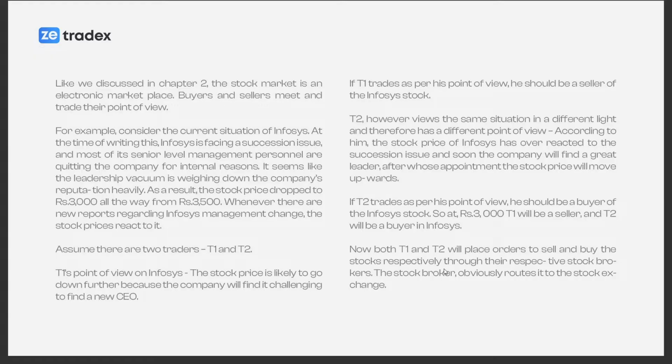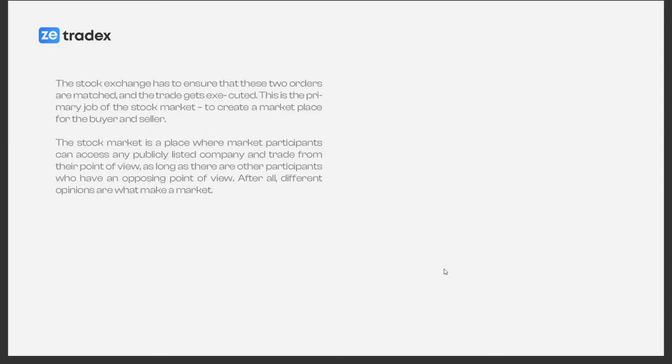Both T1 and T2 will place orders to sell and buy the stock respectively through their stockbrokers, and the stockbroker routes it to the stock exchanges. Next page. The stock exchange has to ensure that these two orders are matched and the trade gets executed.